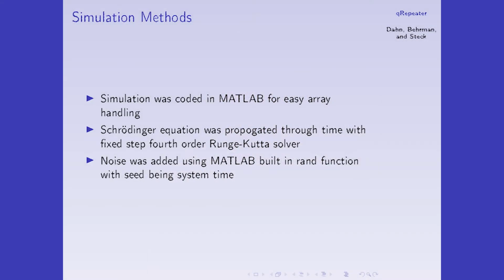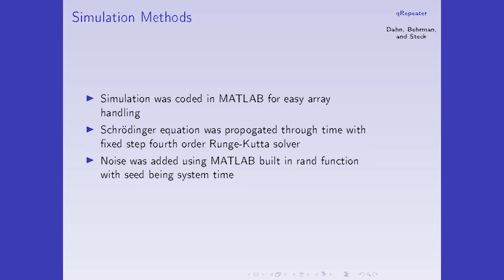For our simulation methods, we coded everything up in MATLAB because we have some very large arrays, and that makes array handling much easier. The Schrödinger equation we propagated through our own custom fourth-order Runge-Kutta solver, and again, we did that specifically so that we were able to implement that random noise exactly how we wanted it.